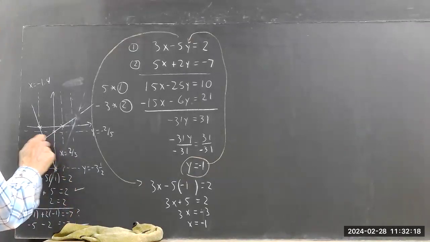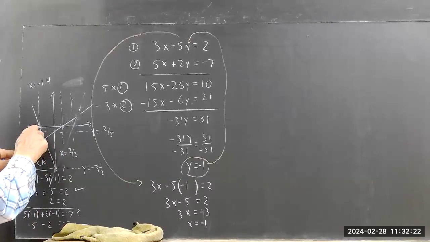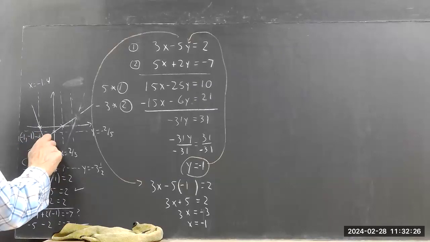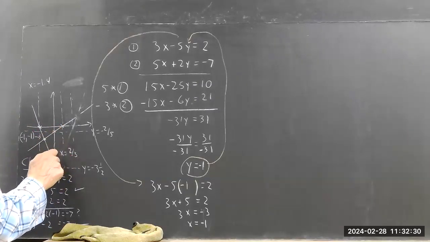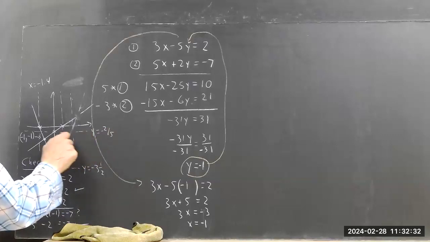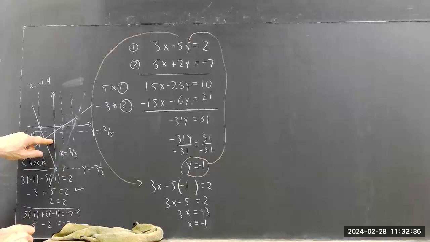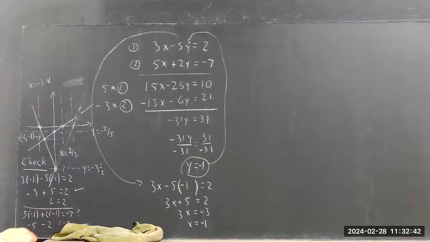And we estimate this, because this would be the point (-1, -1). Yeah, sure. If this is 2/5 here and negative 2/5, then it's perfectly reasonable. That's negative 1. And if this is negative 1.4 here, it's perfectly reasonable that this is.